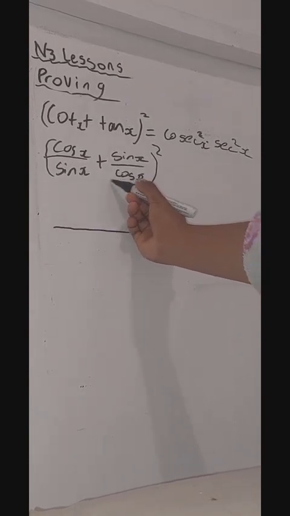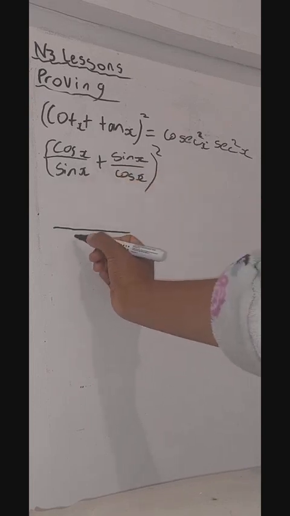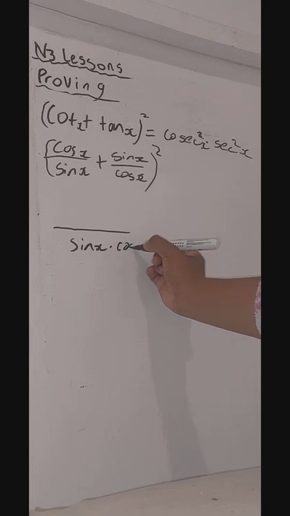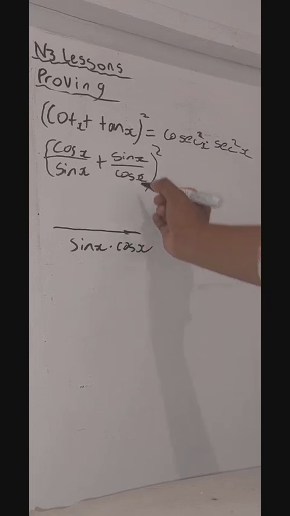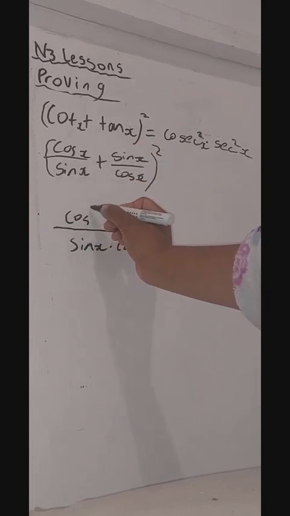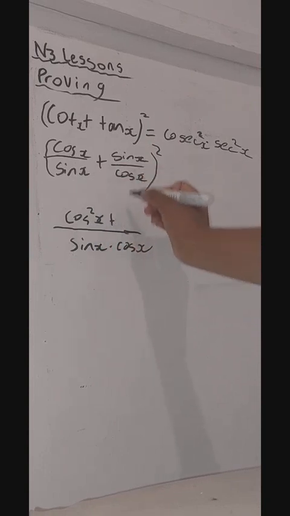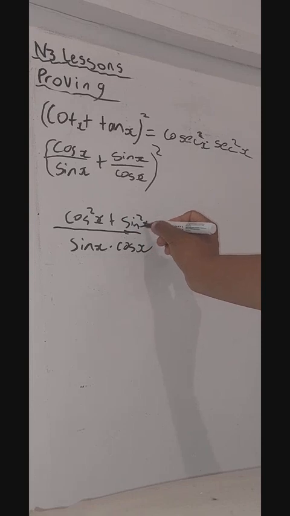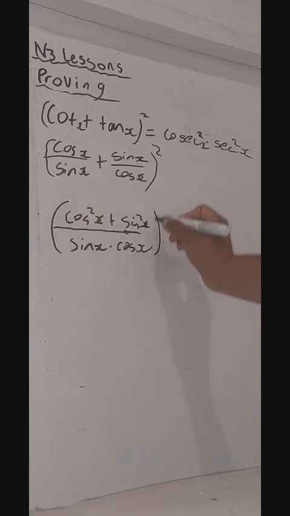So that means we're going to multiply this. It's going to be sine x times cos x, right? And cos squared x plus sine squared x over 2 still.